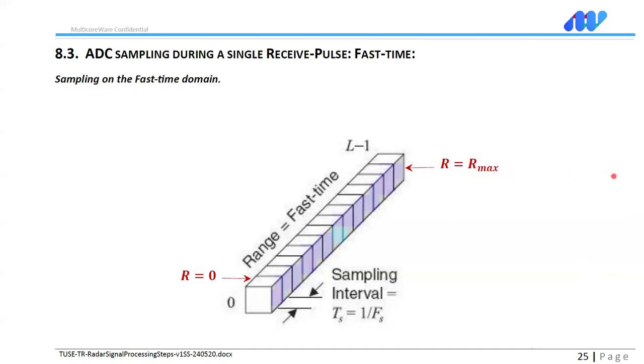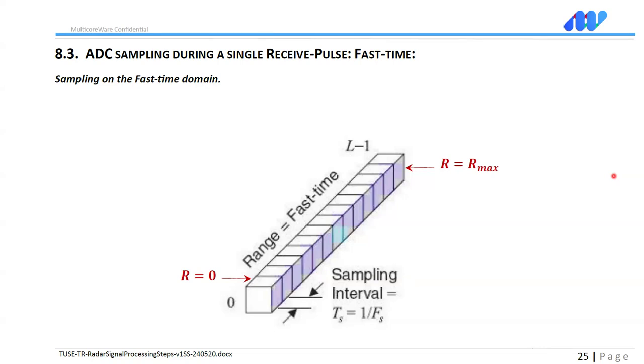Depending on this total sample duration and the sampling rate, say you have L number of samples for the fast time domain, and L is simply the duration in seconds multiplied by the sampling rate in hertz. That's how fast time is defined.